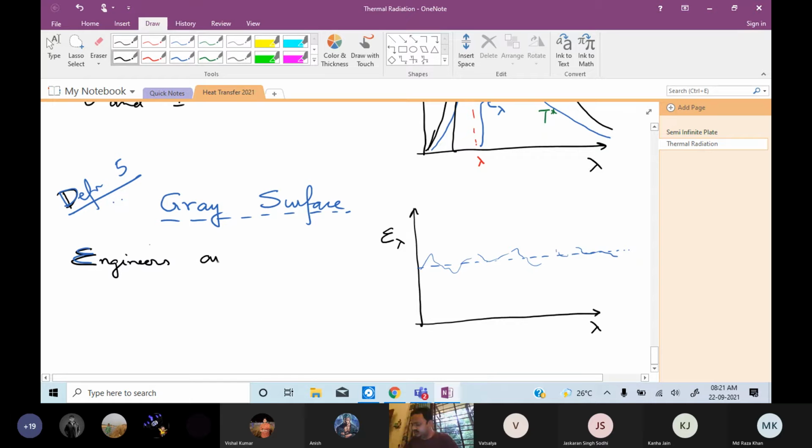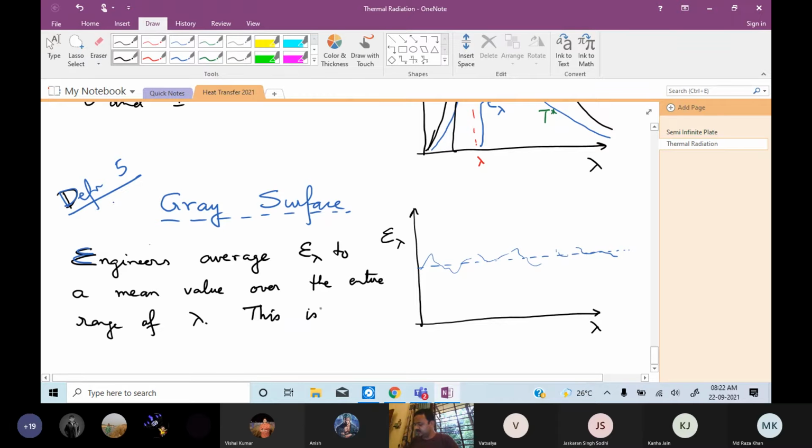So engineers average epsilon lambda to a mean value over the entire range of lambda.